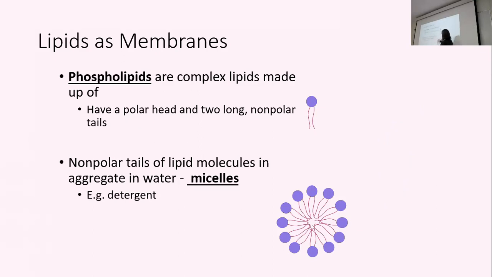So certain phospholipids will just form these micelles, which are just balls of lipids where the nonpolar part's in the center and the polar part's on the outside. Now, this isn't a cell membrane. This is just like those little oil globs that we've seen before.